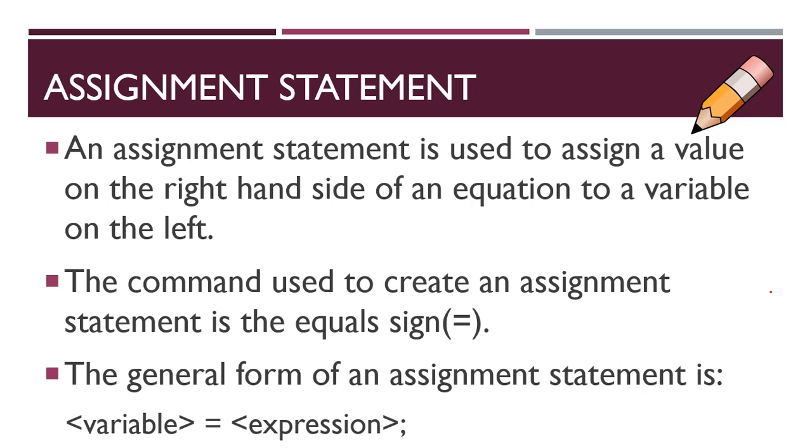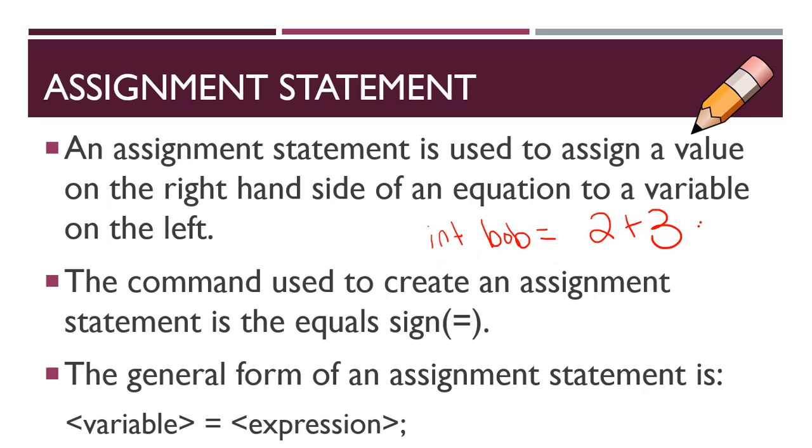We've already been using these, but I just wanted to give you a word for them. Assignment statements are used to assign a value on the right-hand side of the equation to a variable on the left. The command used to create an assignment statement is the equal sign. So the general form of an assignment statement is variable equals expression. So something like int Bob equals 2 plus 3.